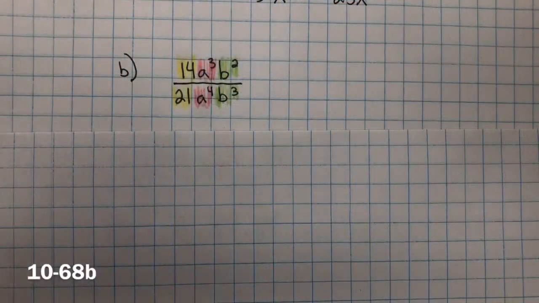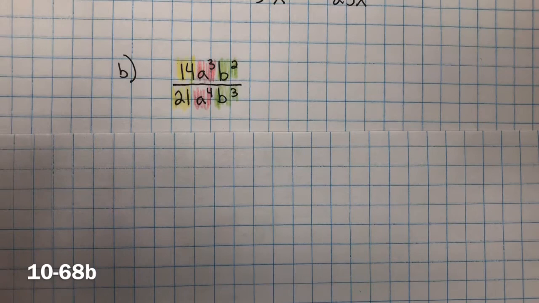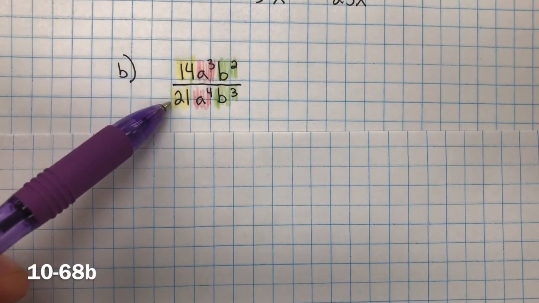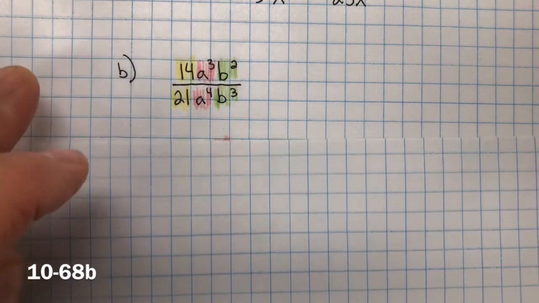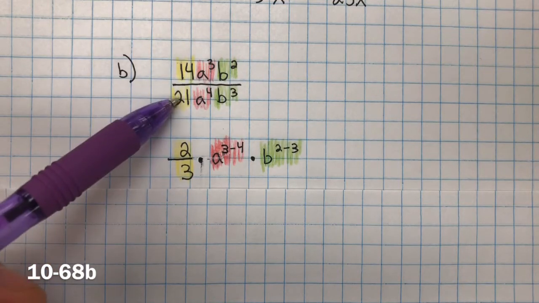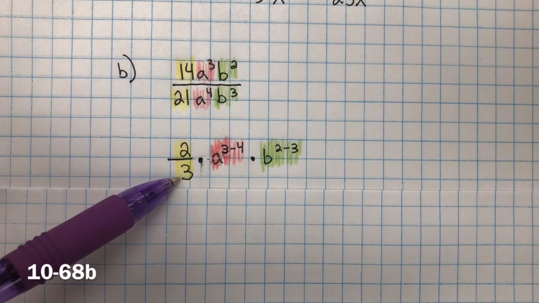In problem 1068b, we need to simplify the expression. 14/21 simplifies to 2/3 because 14 divided by 7 is 2, 21 divided by 7 is 3.